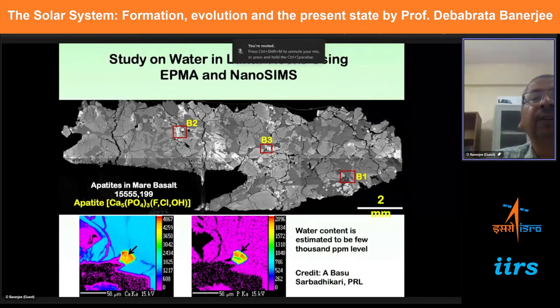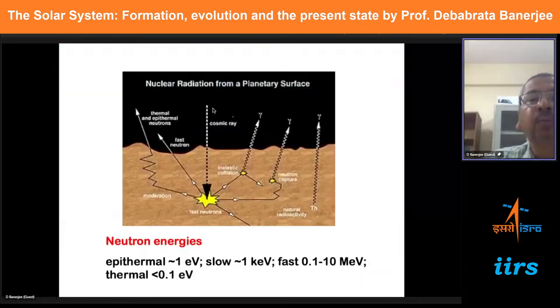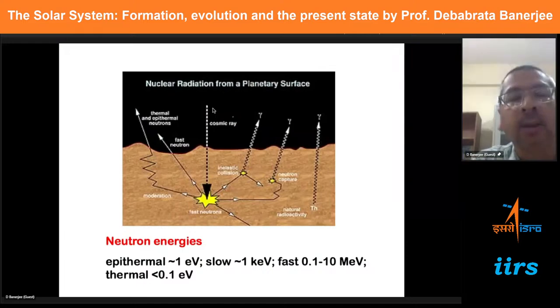So water does exist in the Moon, and this has been shown in recent experiments.